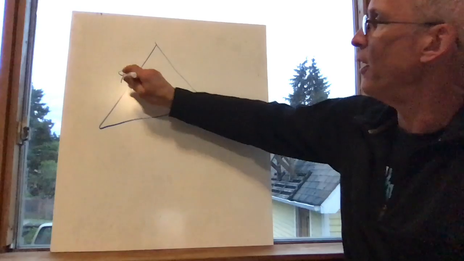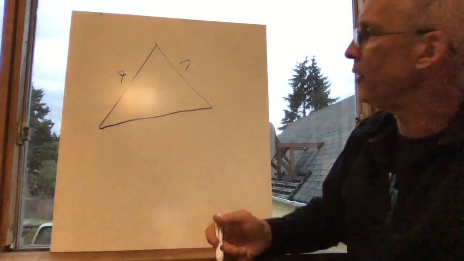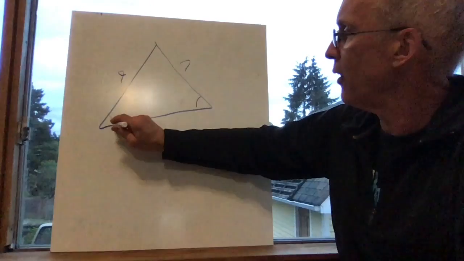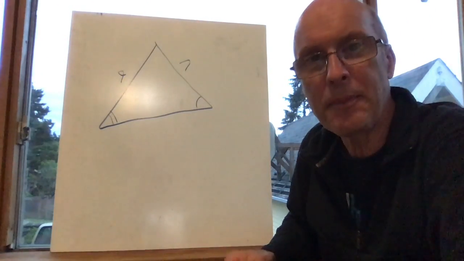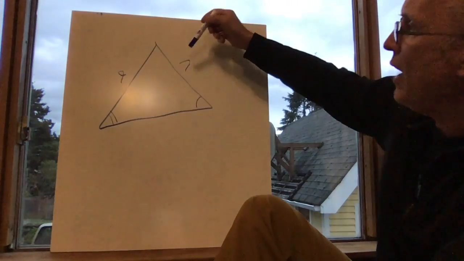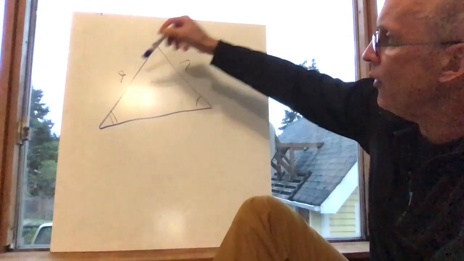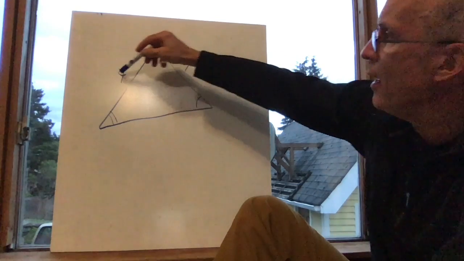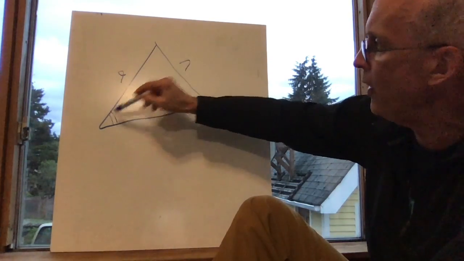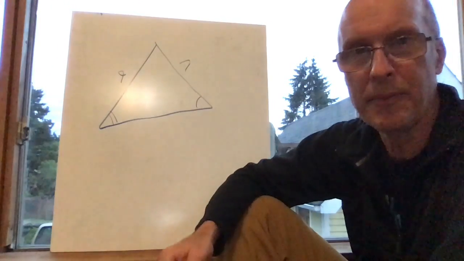I think it was like a 9 and a 7, and they talked about this angle and this angle. Do you remember that? What they said was that if this side is longer than this side, then its opposite angle has to be bigger than the opposite angle of this side.